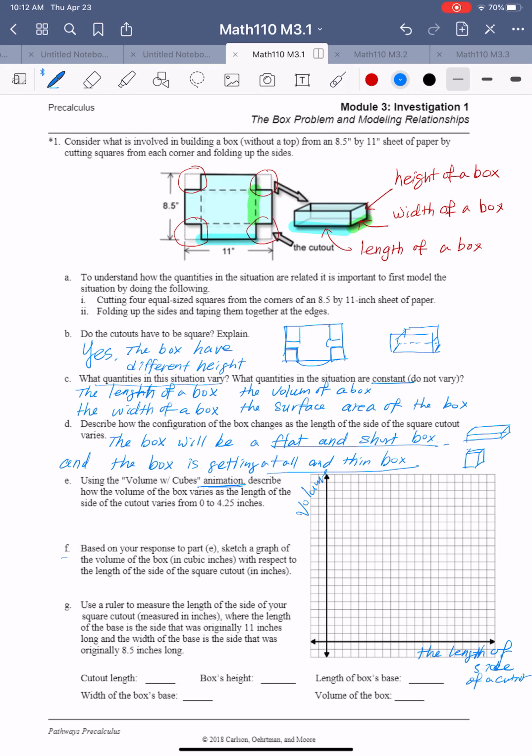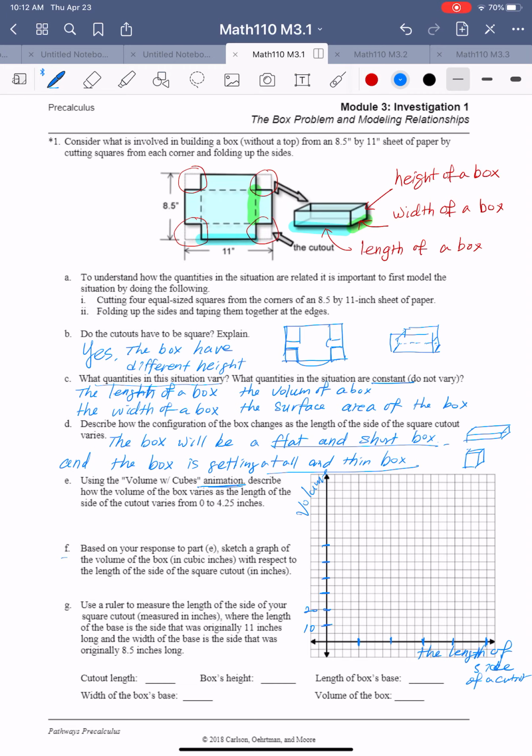For the length of the side of the cutout, I want to count every 1 inch, so 1, 2, 3, 4, maybe 5. And for the volume, I want to count every 2 as a 10, so 10, 20, 30, 40, 50, and 60, okay?